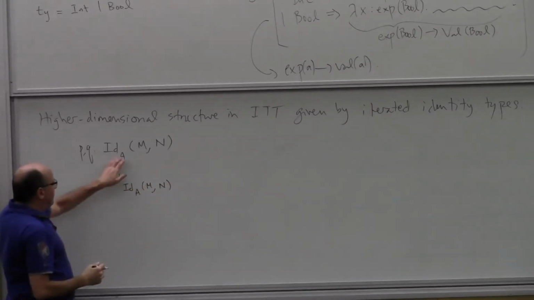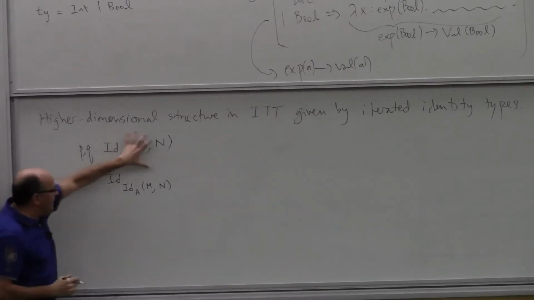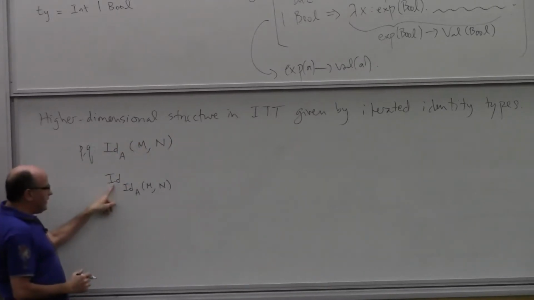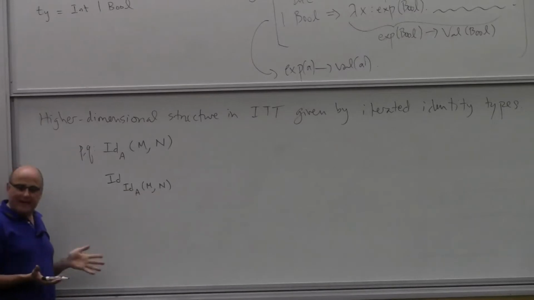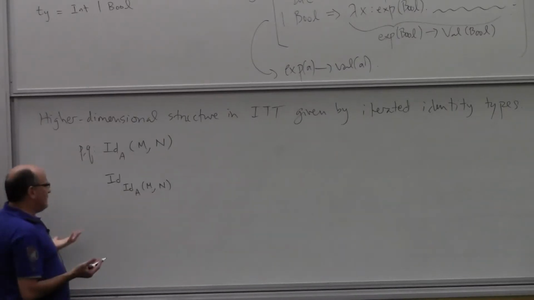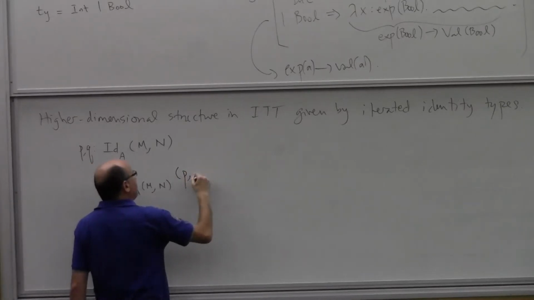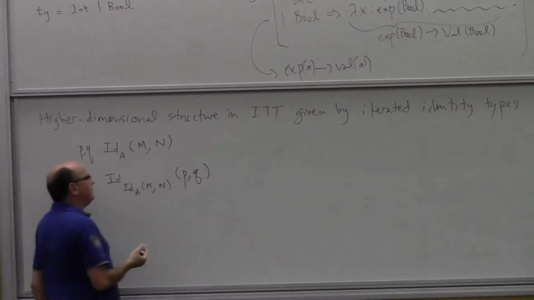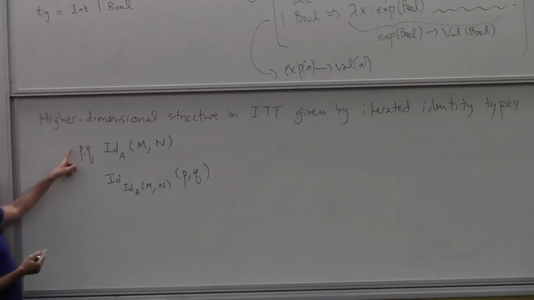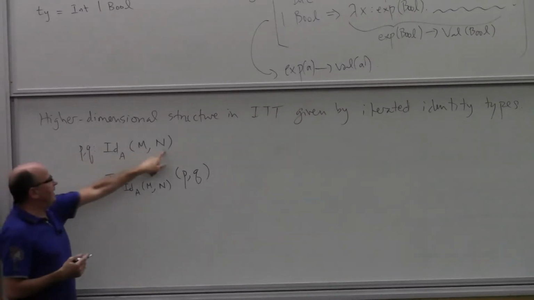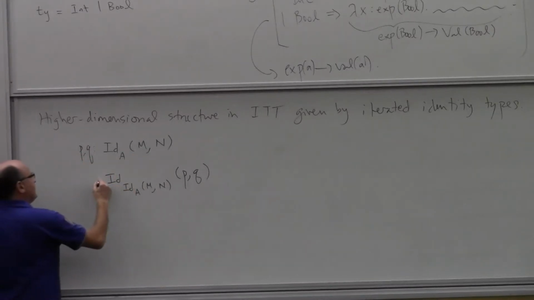So we'll look at the identity type at the identity type. That gives you the ability to talk about the identity between P and Q, which are proofs of identity of M and N. And we're going to have proofs of these, which we could call alpha and beta.